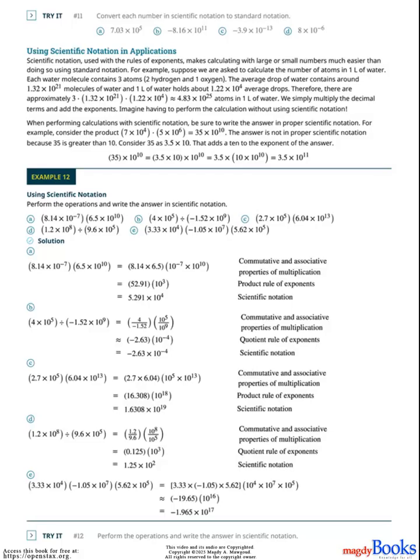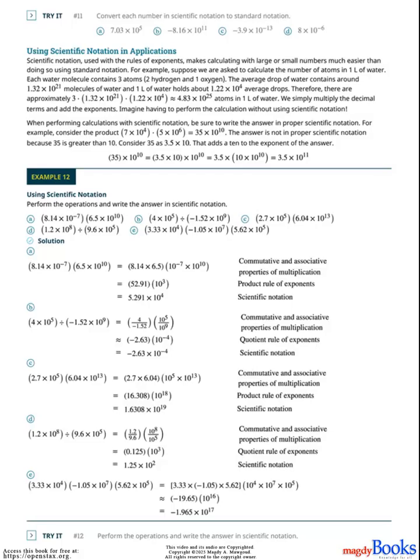Example 12. Using scientific notation. Perform the operations and write the answer in scientific notation. A. (8.14 multiplied by 10 to the power of -7) multiplied by (6.5 multiplied by 10 to the power of 10). B. (4 multiplied by 10 to the power of 5) divided by (-1.52 multiplied by 10 to the power of 9).